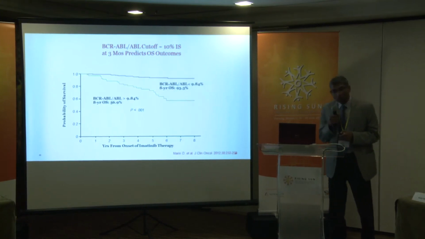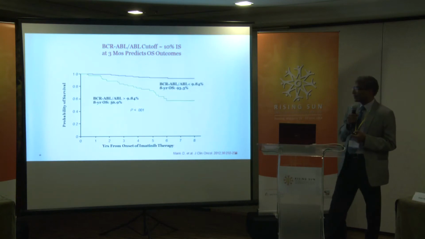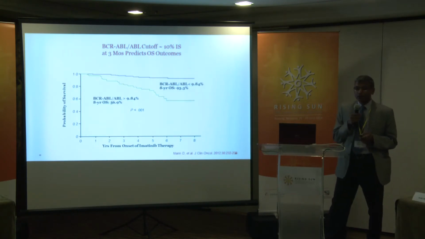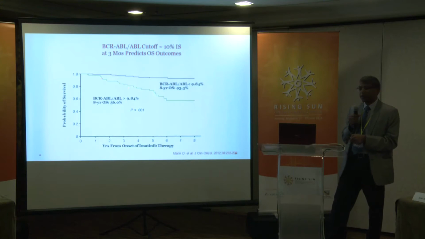Similarly, a more refined understanding was that of early molecular responses, in the publication by Marin in 2012 from the Hammersmith group. For the first time, through a complex mathematical model, they came to the conclusion that a transcript level of about 9.84% on the international scale clearly segregated patients who are likely to do well, if they were below it, as against those who do not.